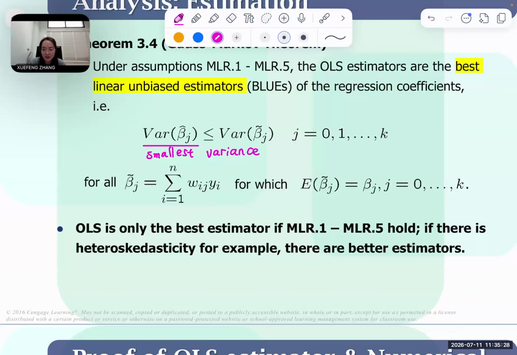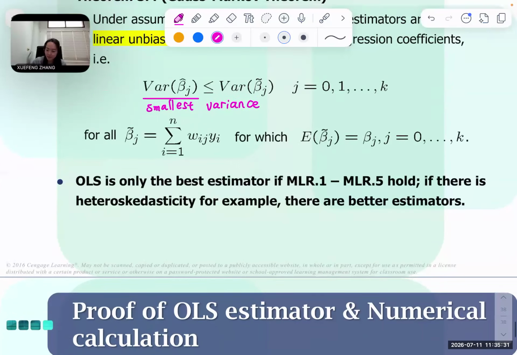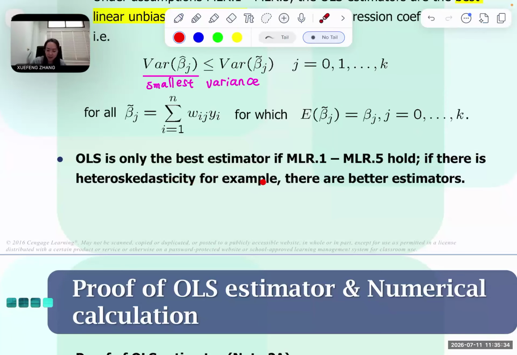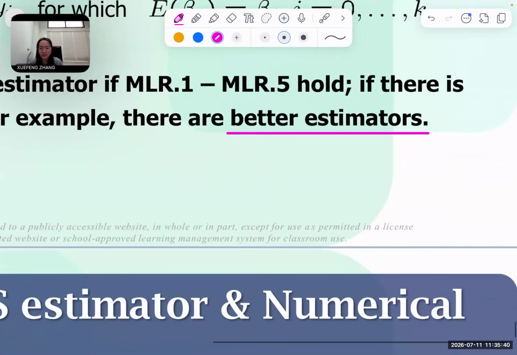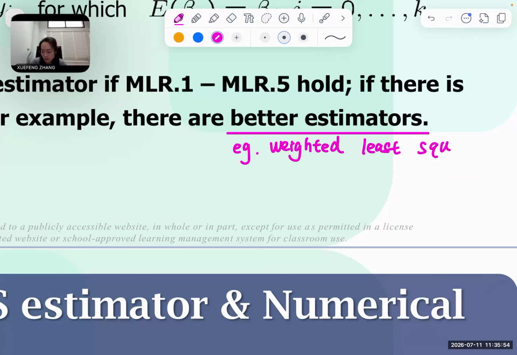It comes with conditions attached. If there is heteroscedasticity, we have better estimators.